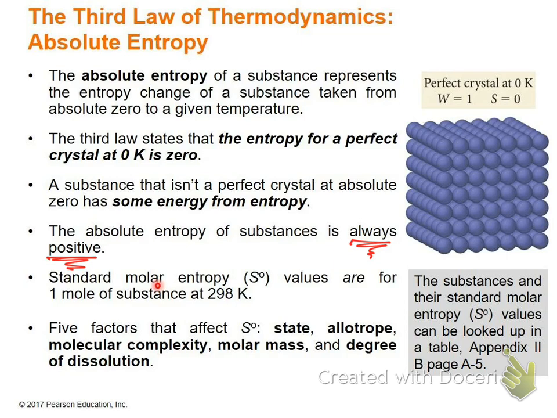So we defined standard molar entropy earlier. I mentioned the standard molar entropy values are for 1 mole of substance at 25 degrees Celsius or 298 kelvins. So this is the standard condition. It has to be 1 mole of the substance at 25 degrees Celsius.